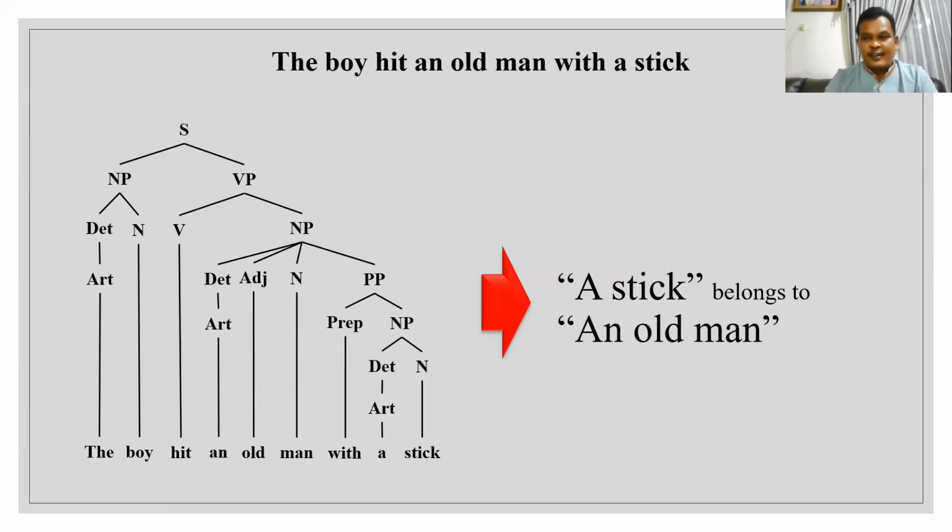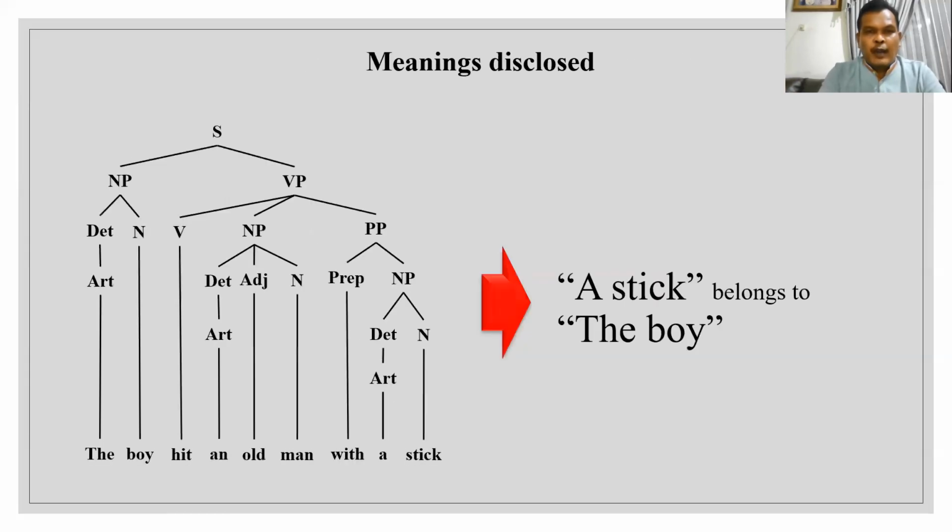So you can see here that a tree diagram can be used to reveal ambiguities in sentences. Now the question is, what should we do in order to avoid ambiguity in a sentence? Now we are going to show that the meaning is exclusively that a stick belongs to the boy.